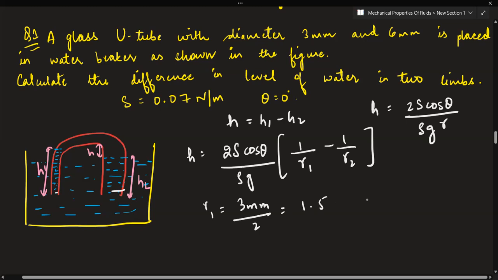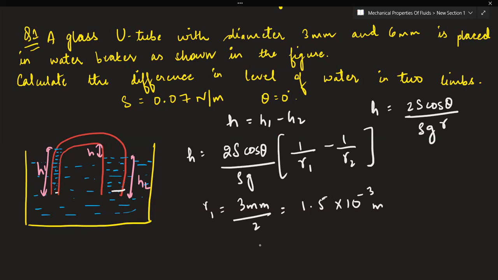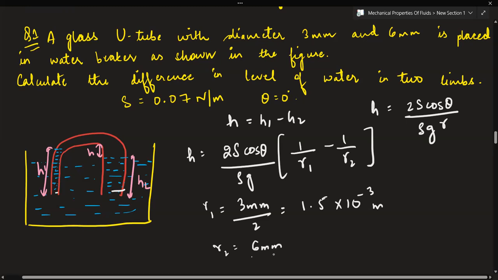That is 1.5 millimeters. So let's convert millimeters as well. 10 to the power minus 3 meters. Then r2. R2 is 6 millimeters divided by 2. So this would be 3 millimeters. So instead of milli, you can write 10 to the power minus 3 meters.